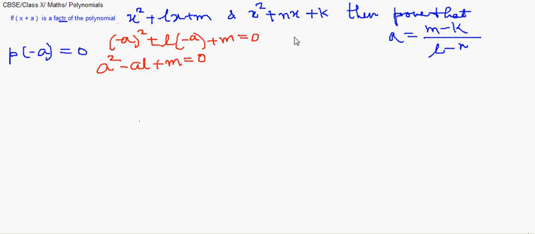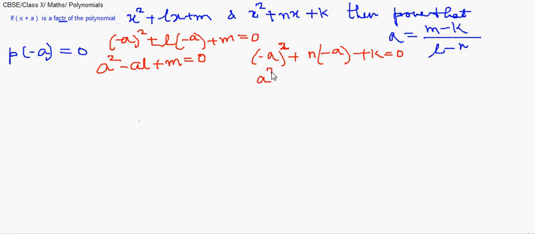On the other hand, if I look into the second one, even the same thing applies. P(-a) will also be 0 for the second one, because the second one also has a factor x plus a. So again I replace minus a whole square plus n into minus a plus k, that should be equal to 0.